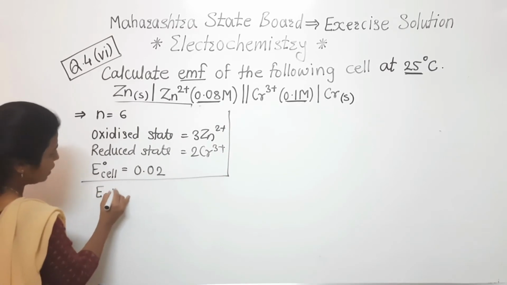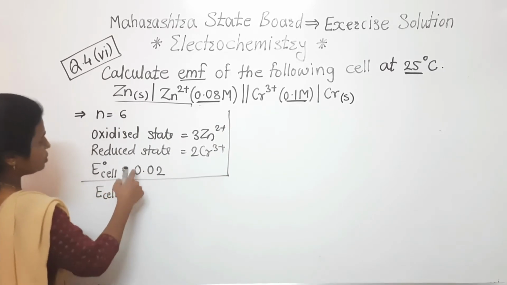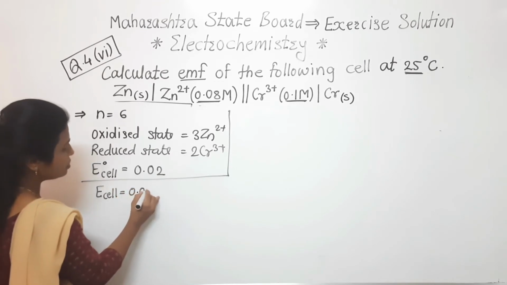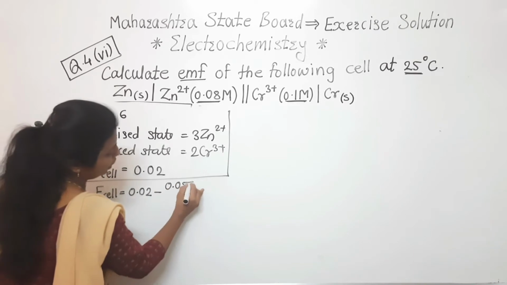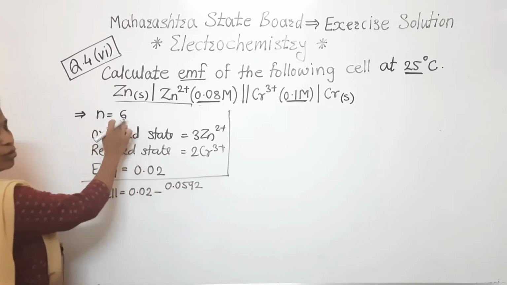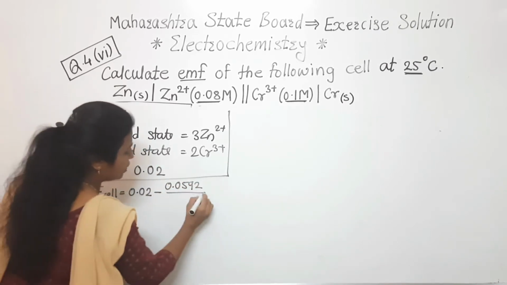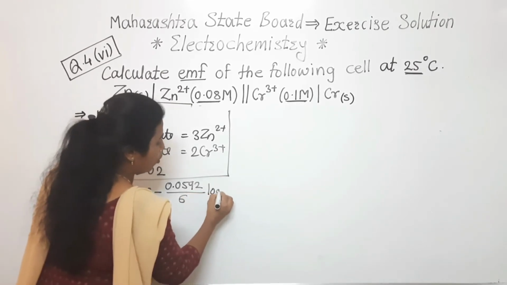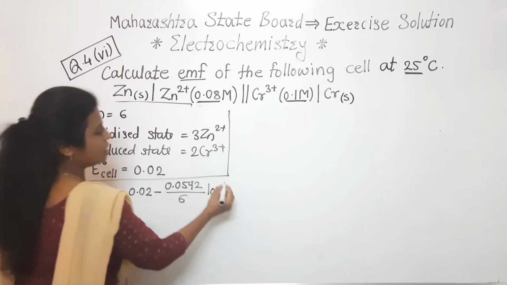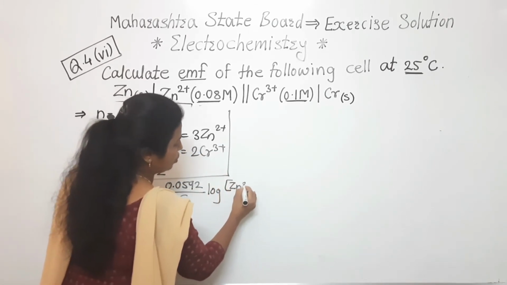So E cell is equal to E naught cell, 0.02, minus 0.0592. That will be the same. Number of moles of electrons is 6, so instead of n we are putting 6 here, over 1. Log of oxidized state, that is the Zn concentration.